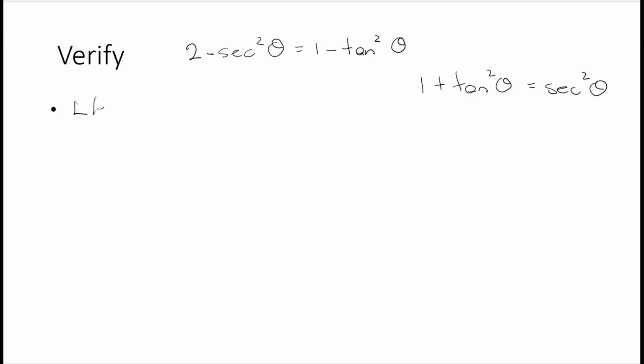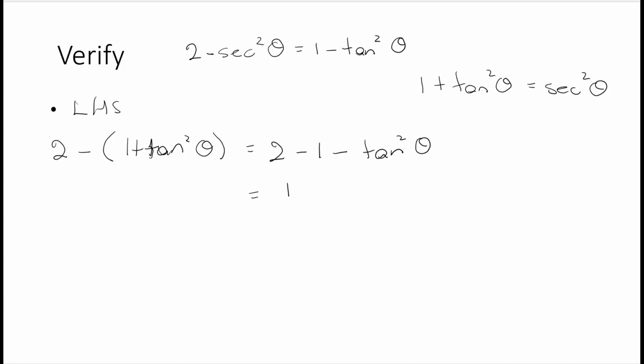On the left-hand side then, instead of sec squared theta, we would have 2 minus, 1 plus tan squared theta. So that's equal to 2 minus 1 minus tan squared theta, which is 1 minus tan squared theta, which is what we were looking for. Bingo.